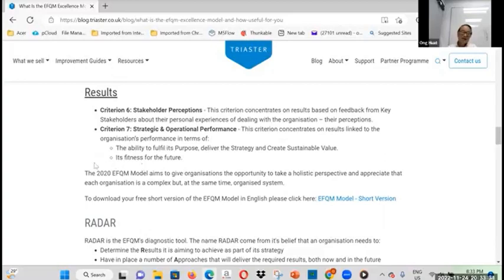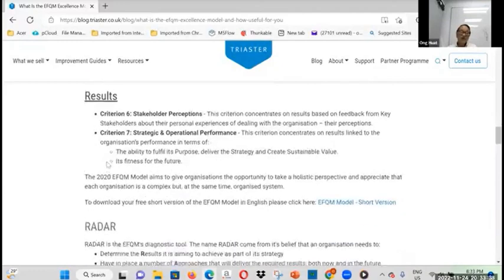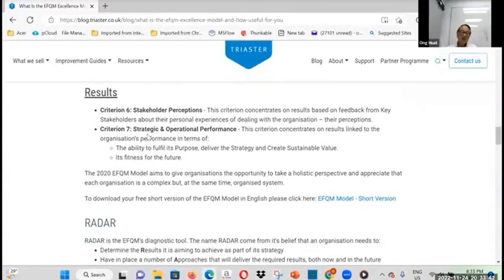So the criteria of your result, which is what we call your outcome, the measuring of your result, also now asks you to take into consideration the stakeholders' perception, right? Stakeholders' perception in here, he mentioned a lot of feedback.